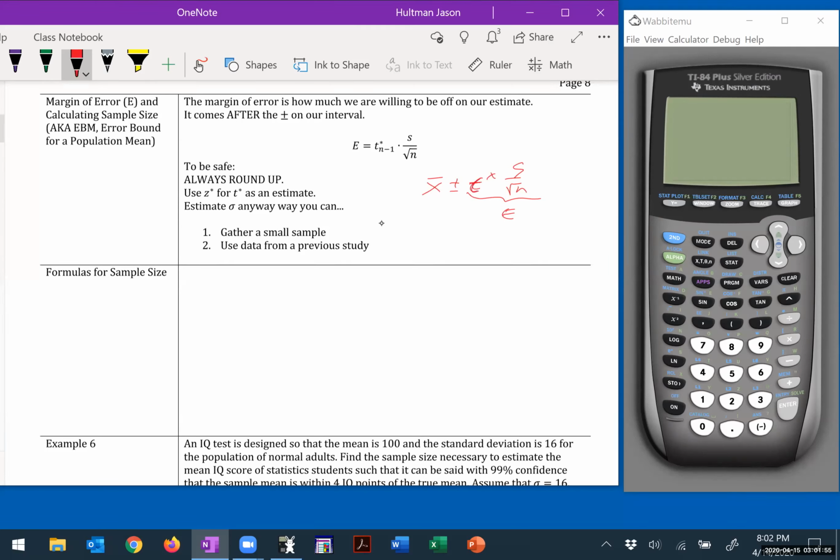When you hear on the news, we're 98% confident that all politicians are liars, within plus or minus 5%, that plus or minus is what they're talking about here. They're talking about an error.